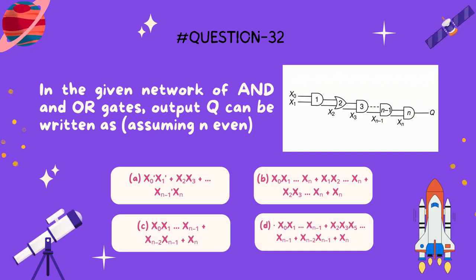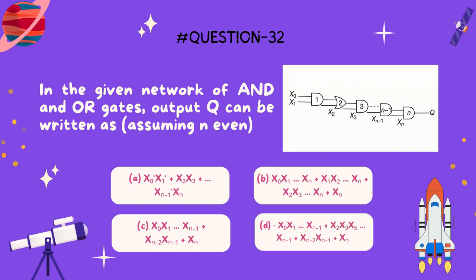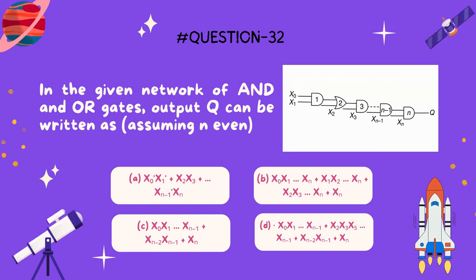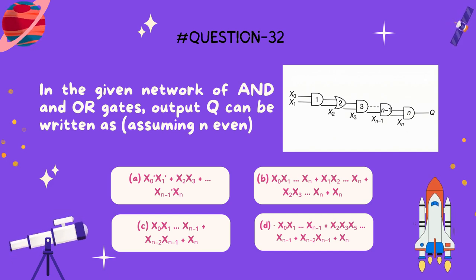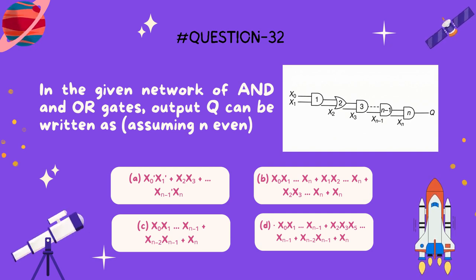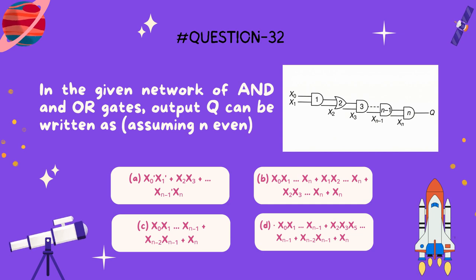C, X sub 0 and X sub 1 and so on up to X sub n minus 1, or X sub n minus 2 and X sub n minus 1, or X sub n. D, X sub 0 and X sub 1 and so on up to X sub n minus 1, or X sub 2 and X sub 3 and X sub 5 and so on up to X sub n minus 1, or X sub n minus 2 and X sub n minus 1, or X sub n.